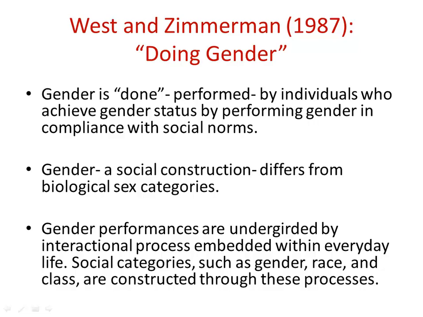West and Zimmerman argue for a watershed reconceptualization of these early concepts, positing that gender is a routine and recurring accomplishment, not something that exists just in society's ideas, but through the doing of individual processes around gender norms that are constructed and imposed in society.